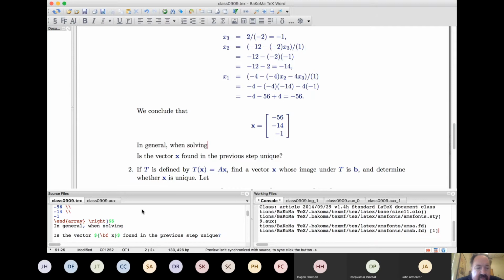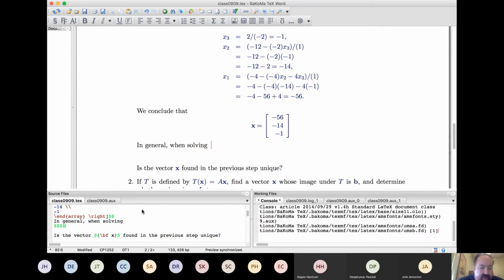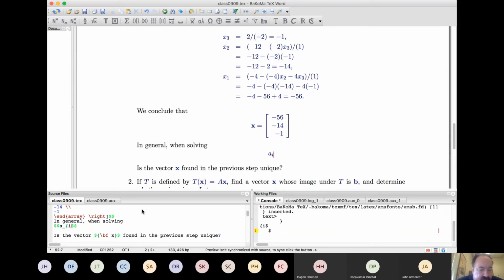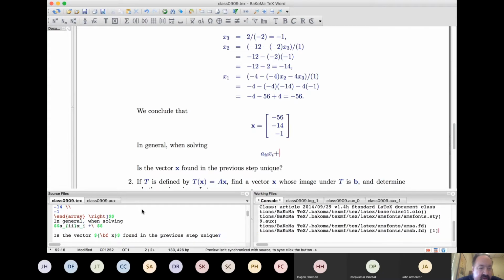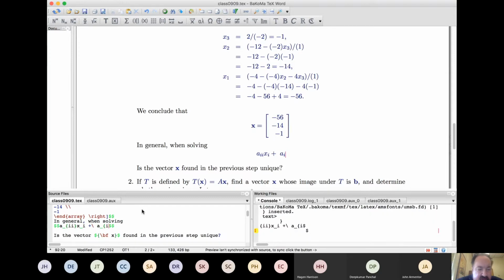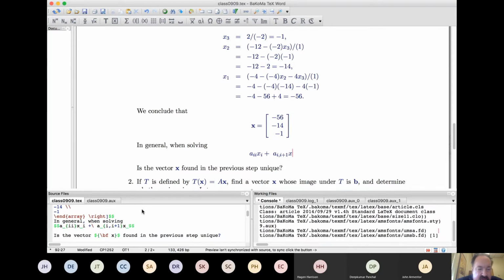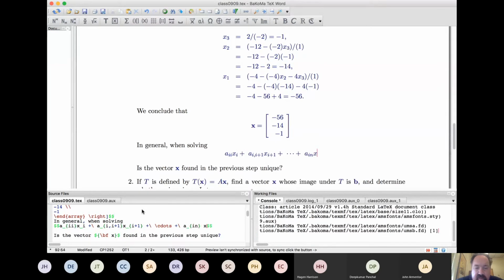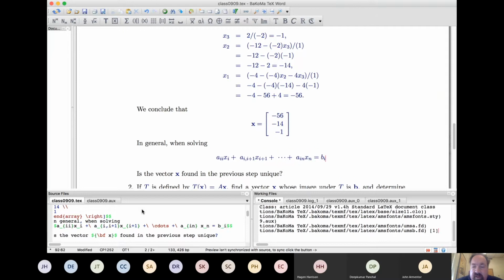So you're in a situation where you're solving this linear equation, where you have these coefficients. Let's see. All right. So all these linear equations that you're solving have this form.